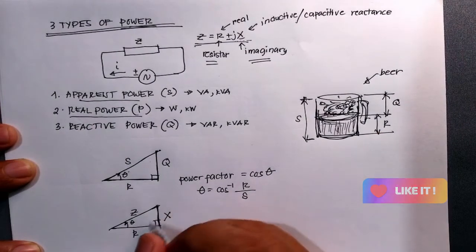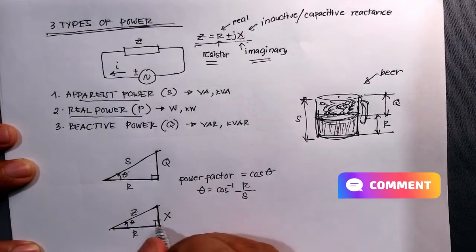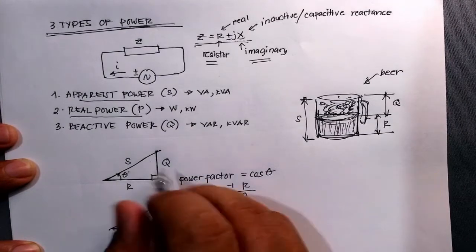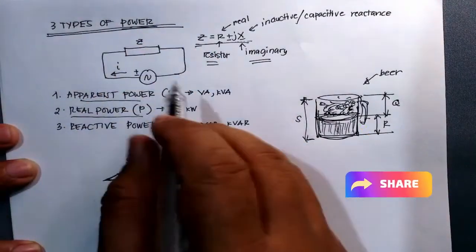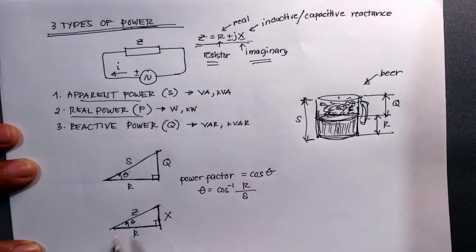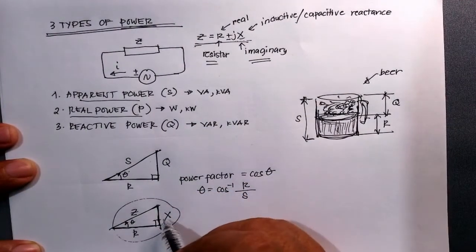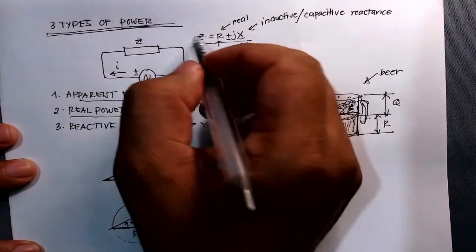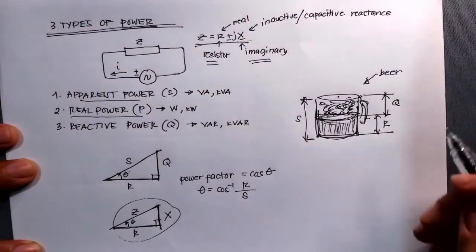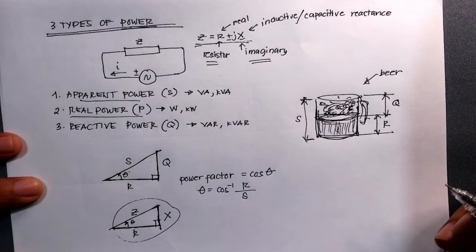So we can write our three types of power into a right triangle because it is based on this representation where you represent your impedance in a right triangle.